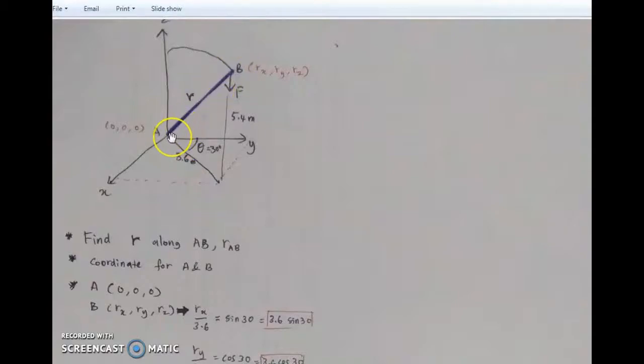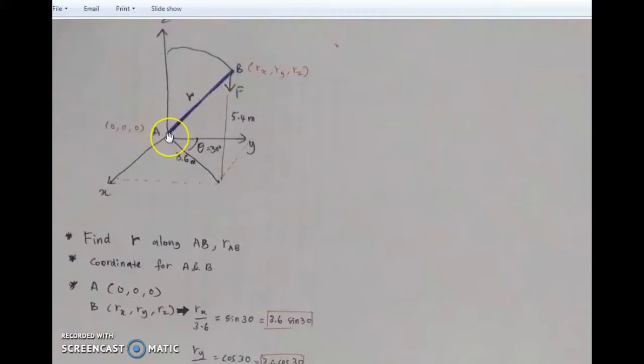First, if we want to find the moment, it is equal to M equal to R cross F. This time we don't do the multiplication using the dot product, but we use the cross product because we want to find the value in a vector form. So first you need to find the vector form of R.